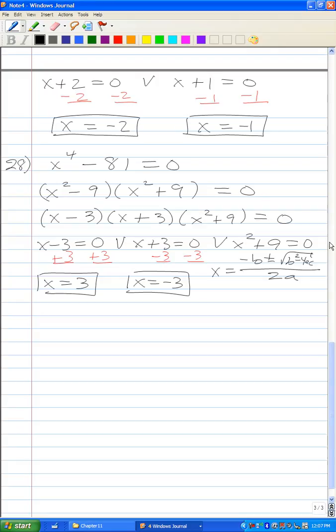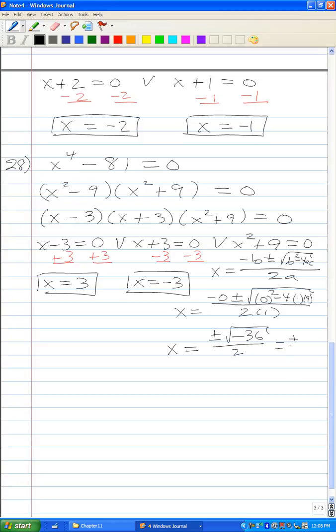And so I get x equal to 0 ± √(0 − 36), and negative 36 over 2 gives 6i over 2.